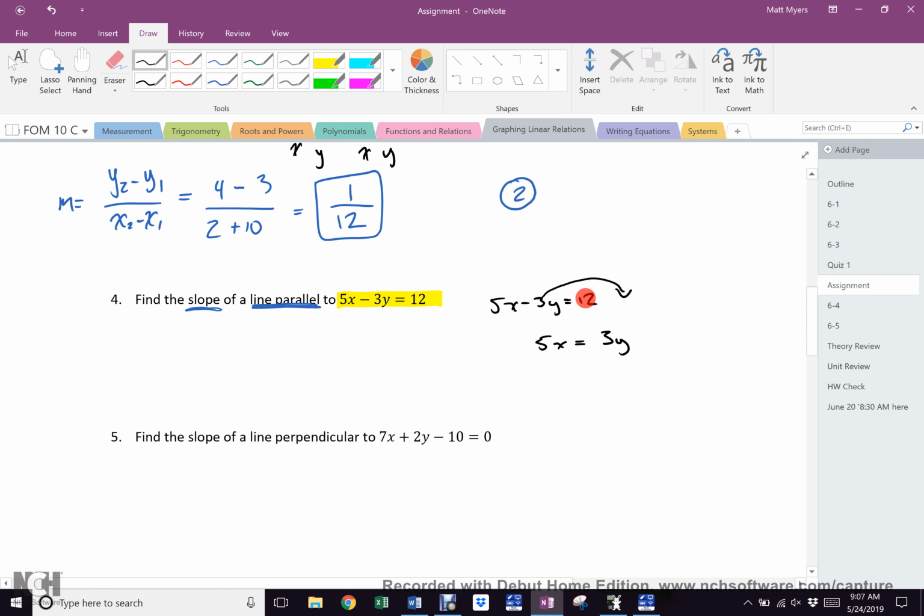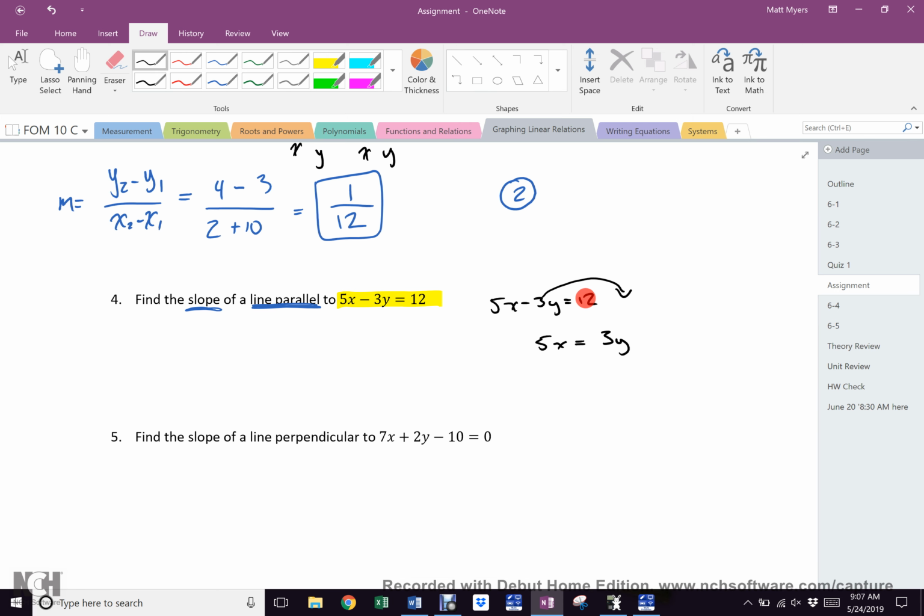Why not? It's irrelevant. But why is it irrelevant? Close. Why is the 12 not important here? What's the only thing I care about? It's eventually going to be the y-intercept. Does the y-intercept have anything to do with slope?